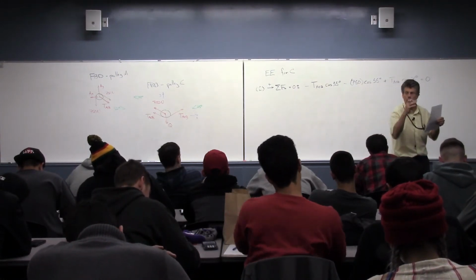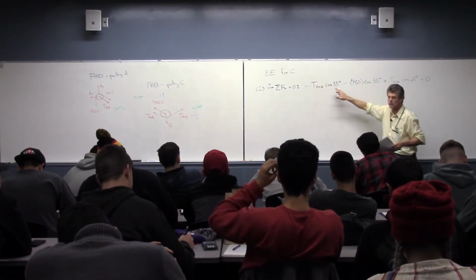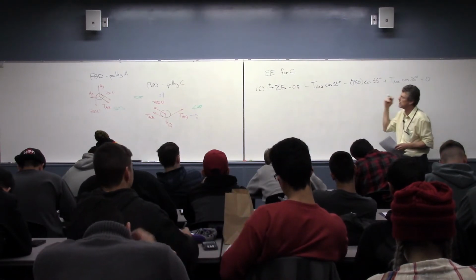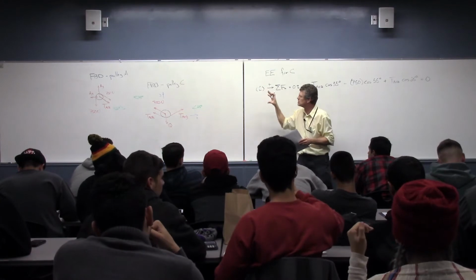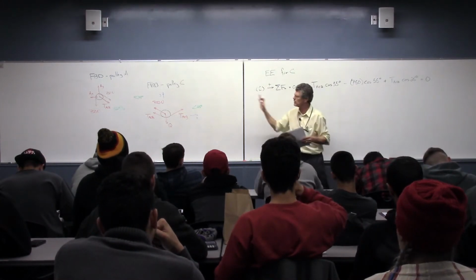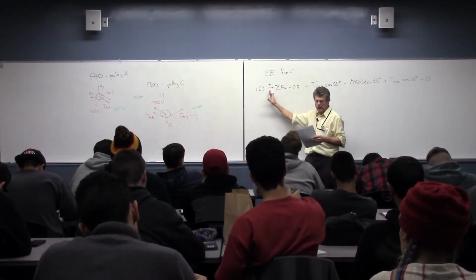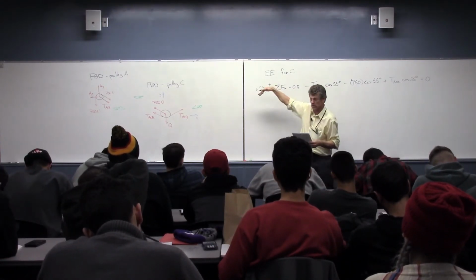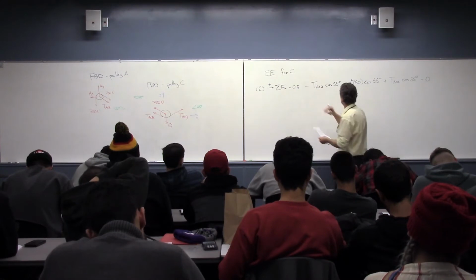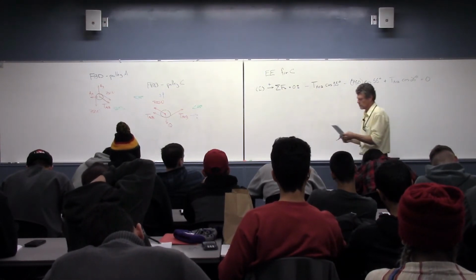The key thing, though, is make sure you pay attention to those signs. Very easy. And this is where you dictate the signs. Especially when we get into moments and stuff like that, it's crazy. You're setting up your positive convention here now in this equation. Again, you can set it up in the opposite direction. Basically, we'll just swap the signs. Nothing to it.